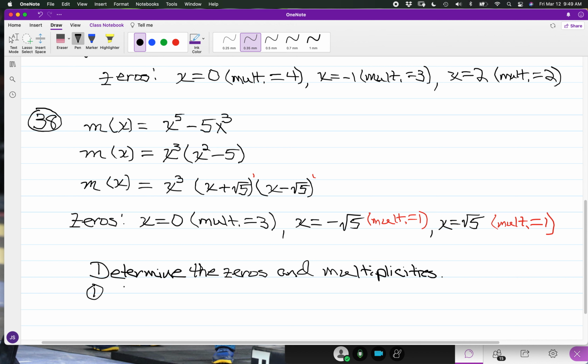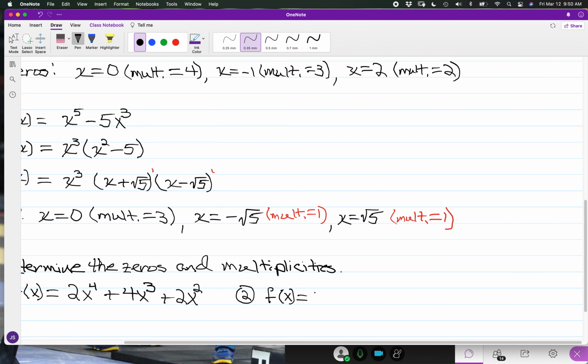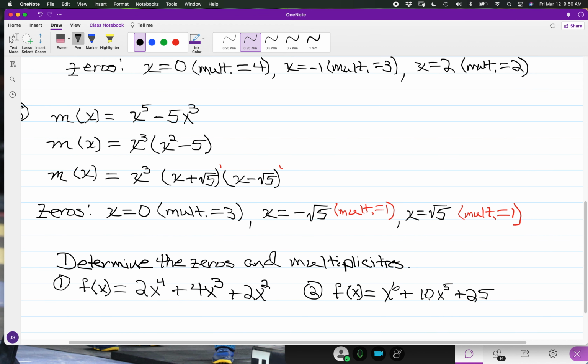We'll say that between the functions, for the first one, we have f of x is equal to 2x to the fourth plus 4x cubed plus 2x squared, and for the second function, f of x is equal to x to the sixth plus 10x to the fifth plus 25 times x to the fourth.